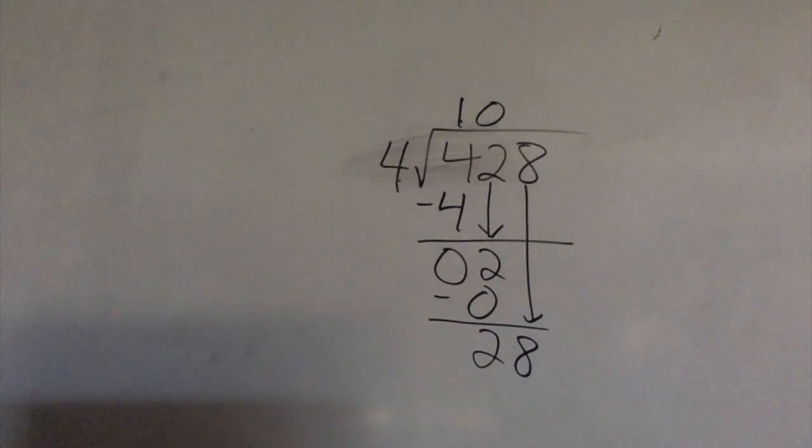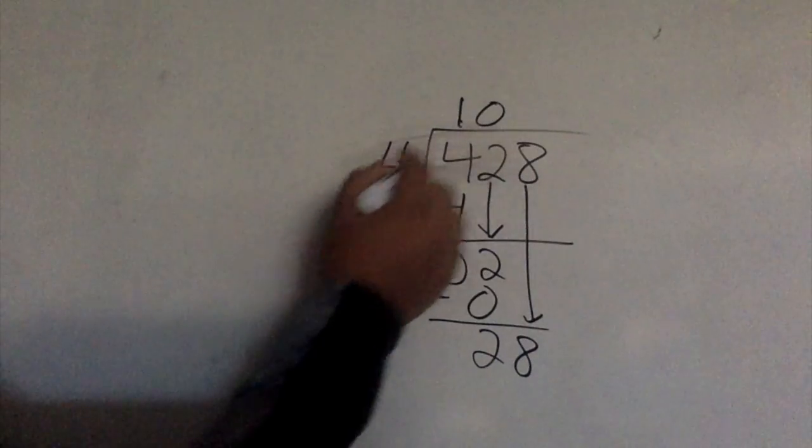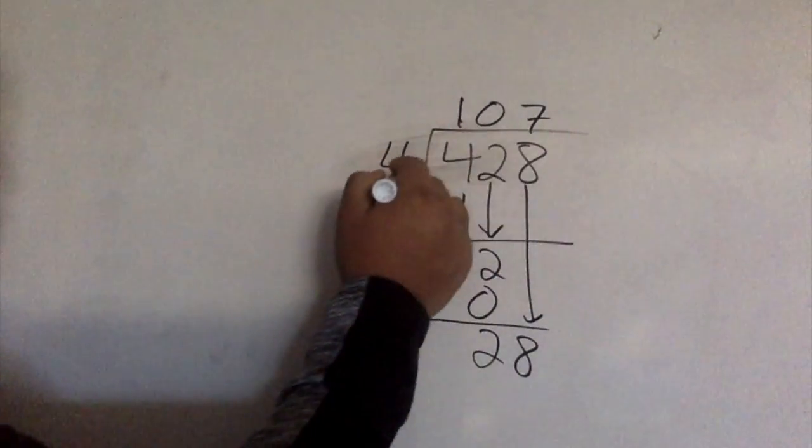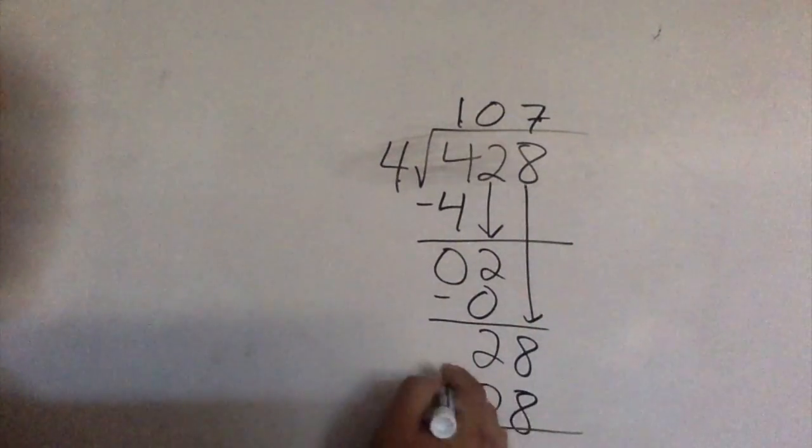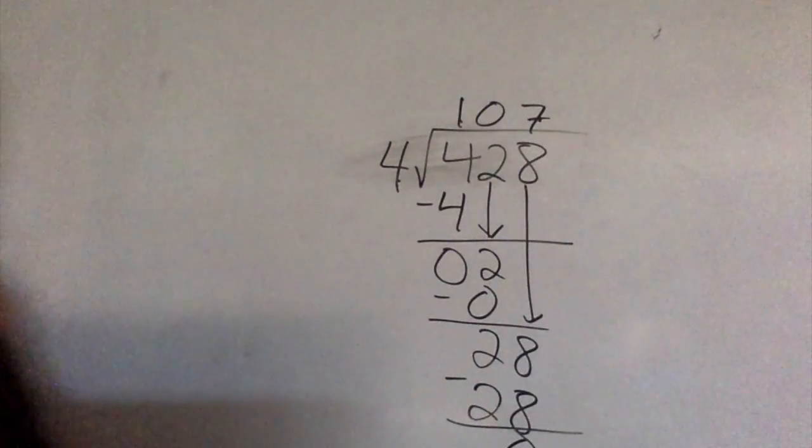Well, look on your multiplication chart. We know that 4 times 6 is 24. 4 times 7 is 28. So 4 times 7 equals 28. 28 minus 28 equals 0.